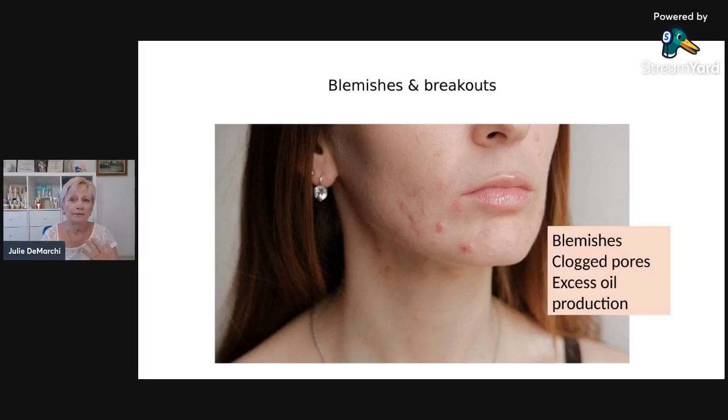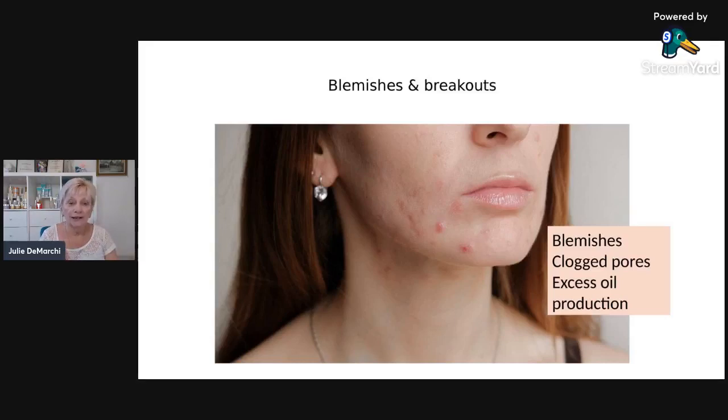Also using either the apricot scrub and mask. So using it as a mask will draw the excess oil out, and then the scrub will help exfoliate away the dead skin. Same with the clarifying clay mask. It does the same sort of thing. It will draw the impurities out. That clay gets rid of that excess oil, and then the rice powder will exfoliate the skin.